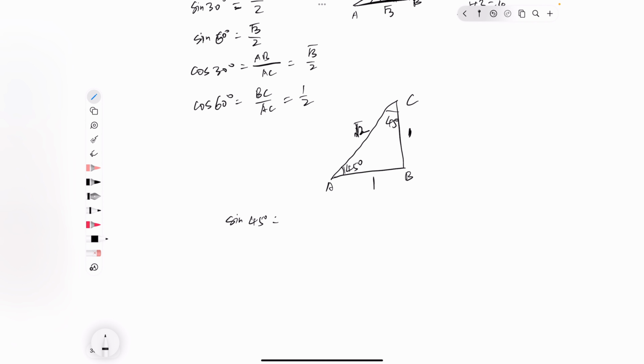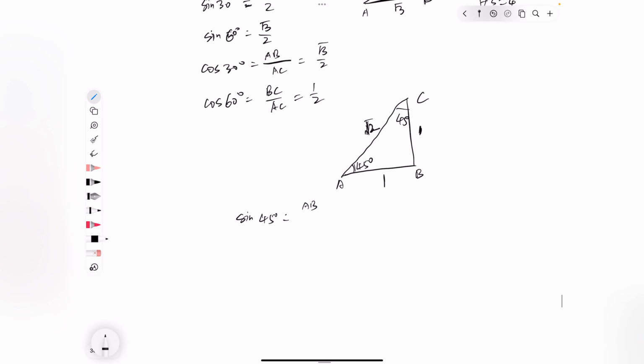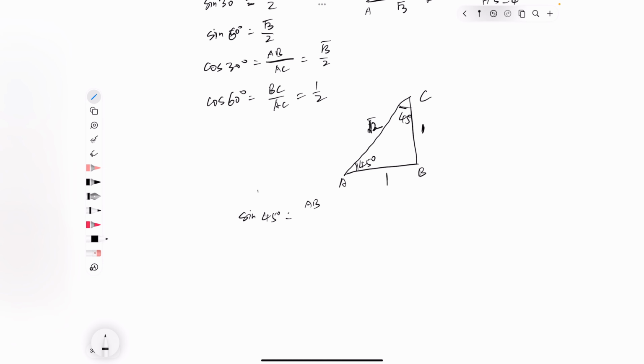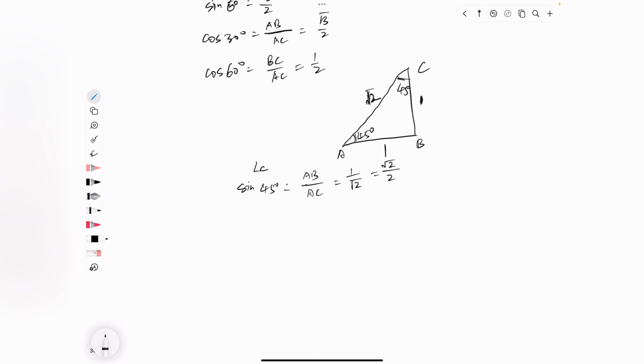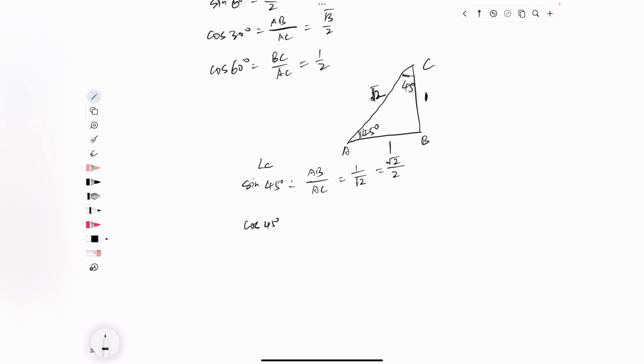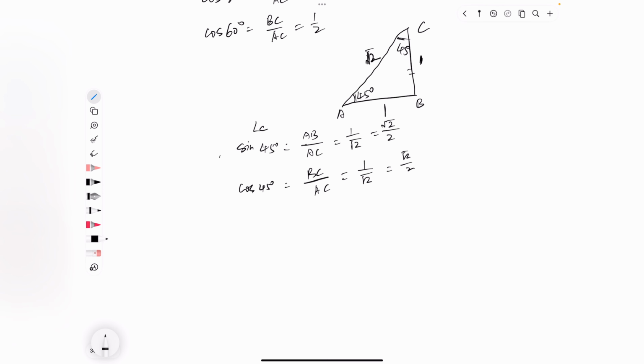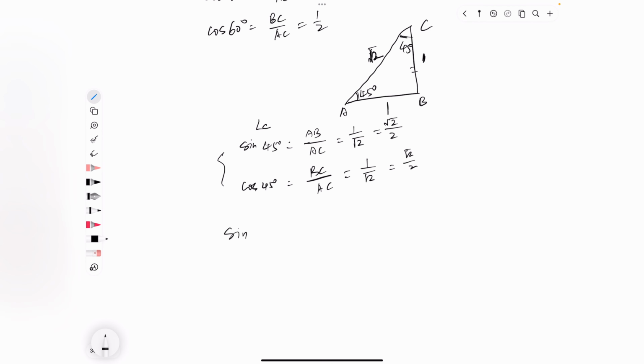So sine 45, I'm talking about the angle C here, will be AB over AC, so it's 1 over root 2, which is root 2 over 2. Cosine 45 will be BC over AC, still 1 over root 2, so it's root 2 over 2. So sine and cosine are the same because they're 45 degrees.